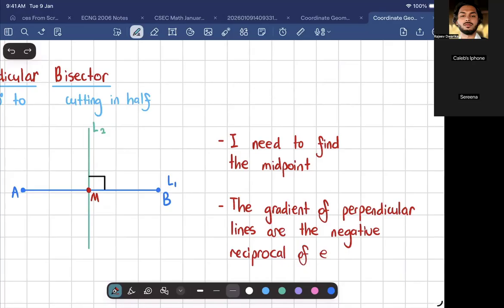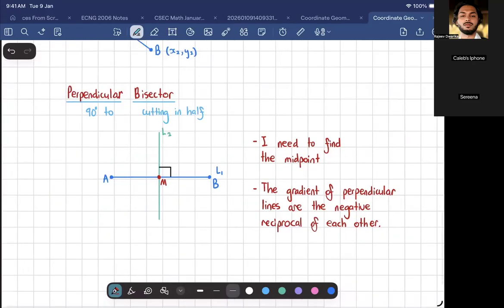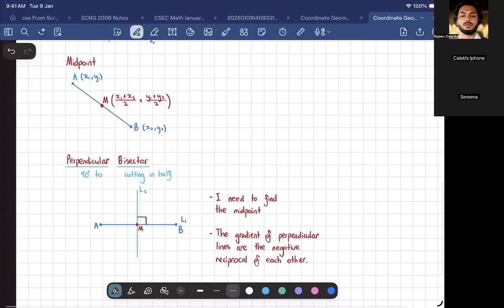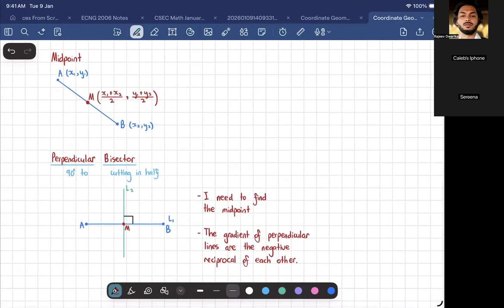So what are we waiting for? Let's jump straight into that question. Take a screenshot of midpoint and the gradient note, it'll be one screenshot, and we'll try a question.